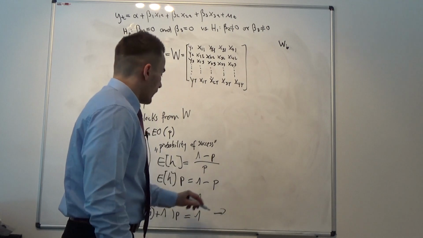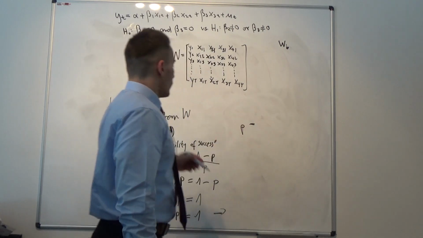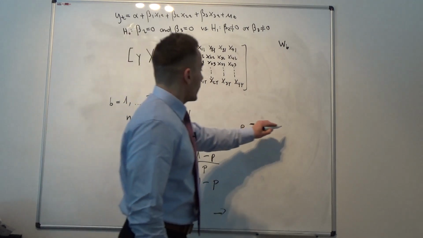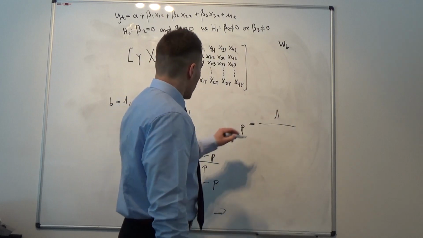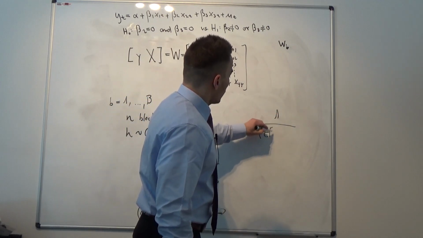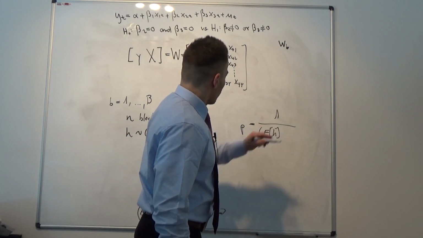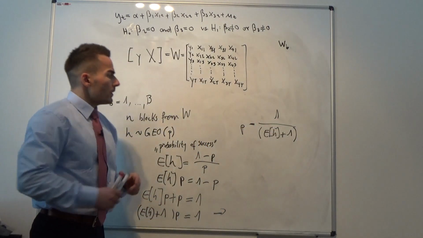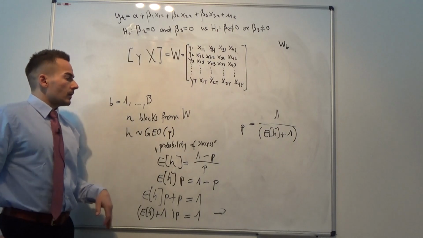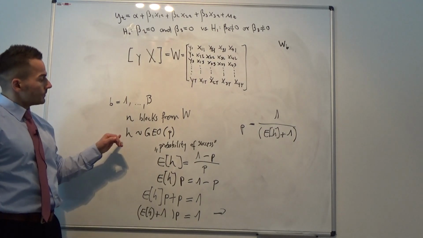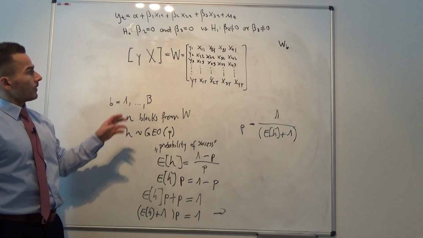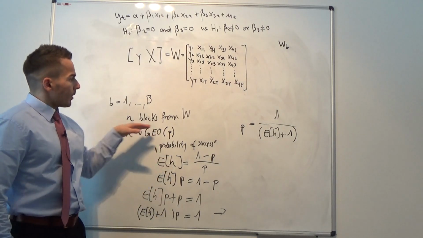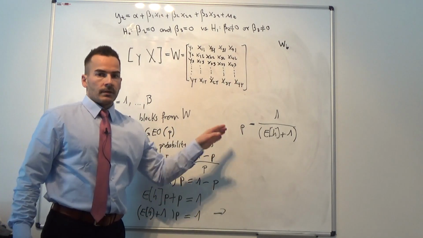What follows is that the corresponding probability we have to choose for the geometric distribution is 1 over the expectation of the chosen block length h plus 1. So now we know how we can translate the expected block length h that we want into the probability of the corresponding geometric distribution, for choosing a block length from our matrix V.